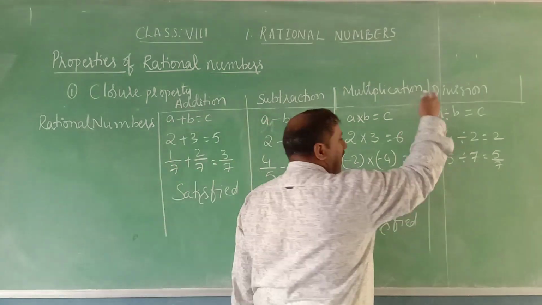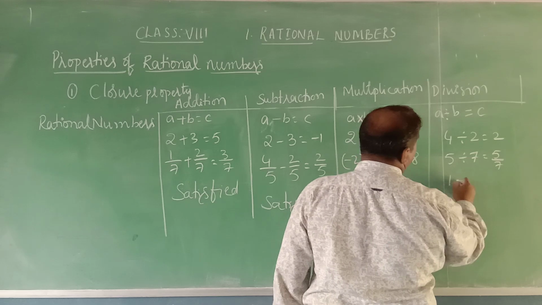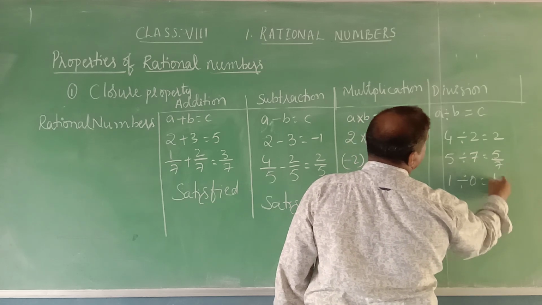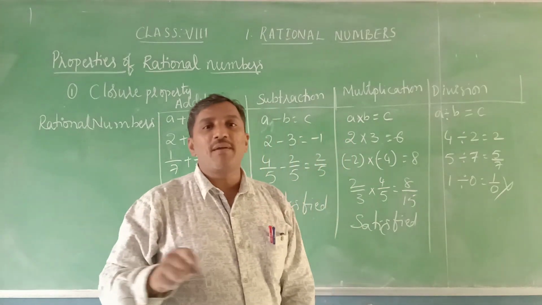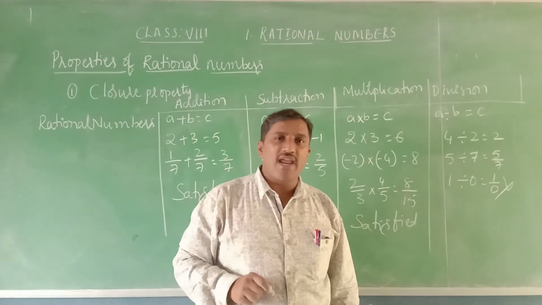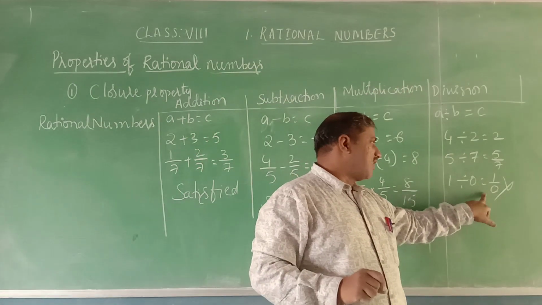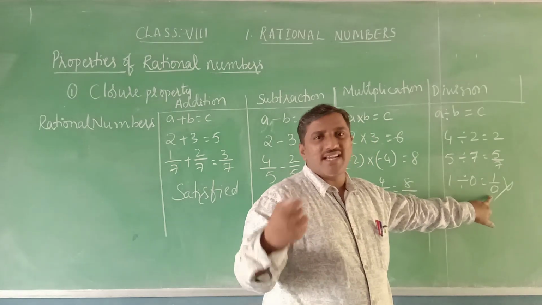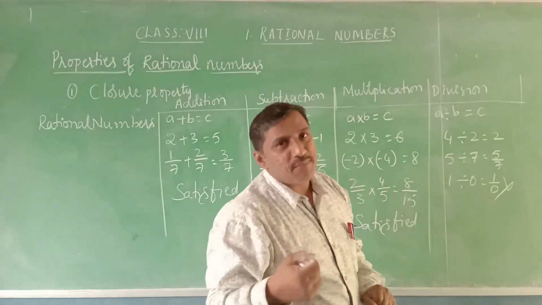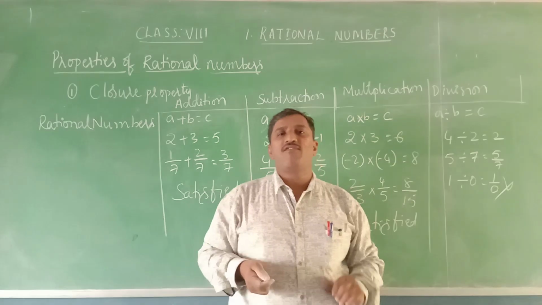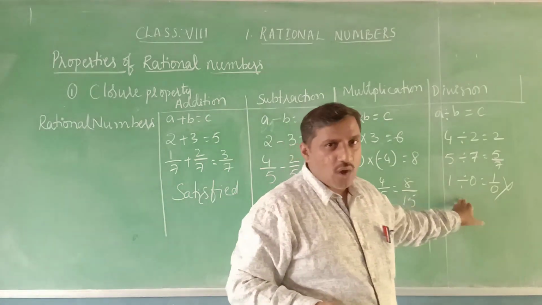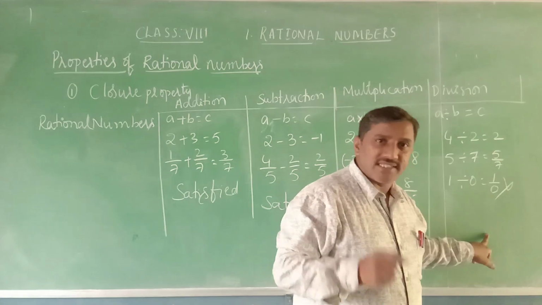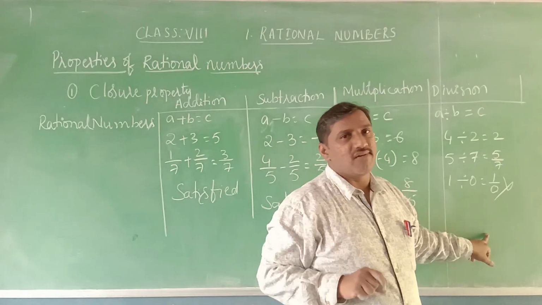Now let a be equal to 1 and b equal to 0. That is 1 by 0. It is not a rational number. Why? Because q is equal to 0 here. What is a rational number? The numbers which can be expressed in the form p by q, where p and q are integers and q should not be equal to 0.